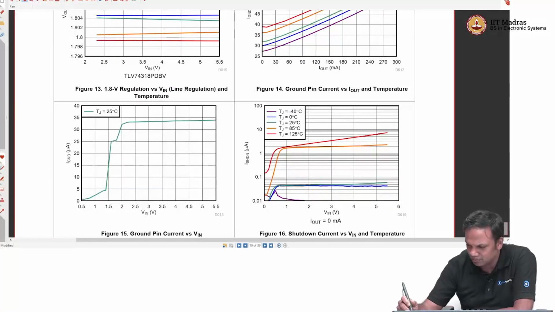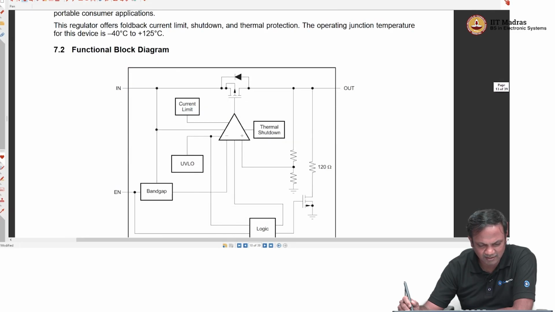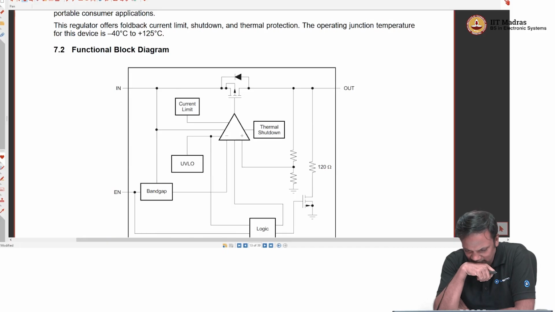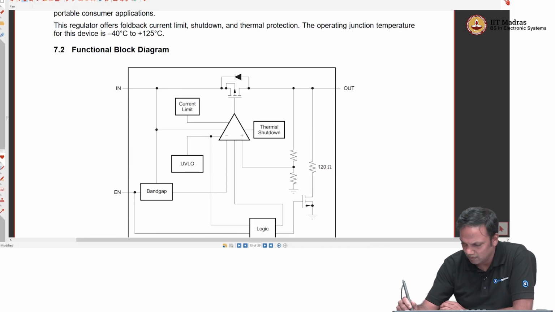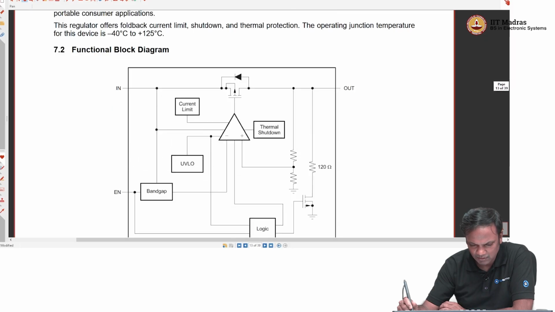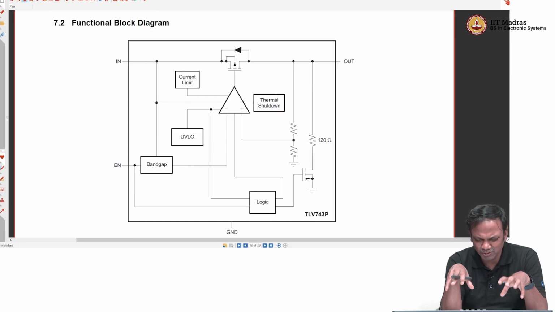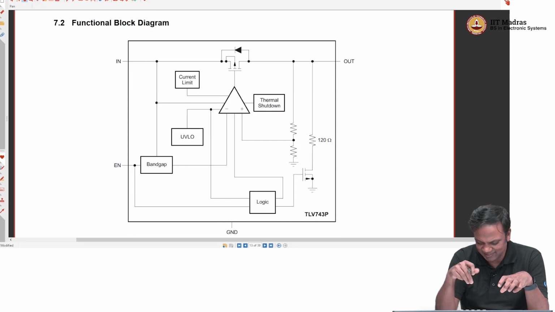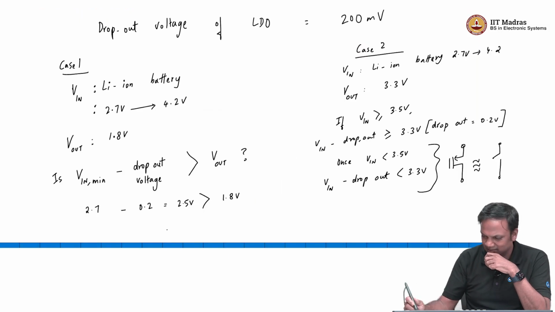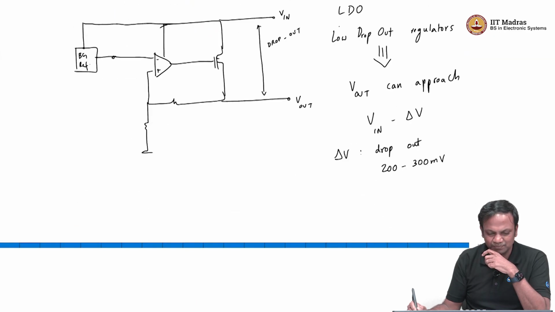The last thing we should maybe do when it comes to the data sheet is just, again, you might recall that this is almost an exact replica of the circuit that we drew, right.